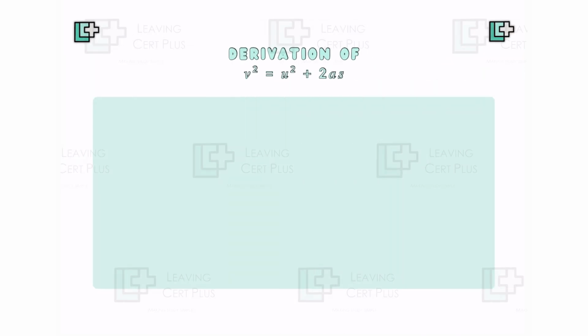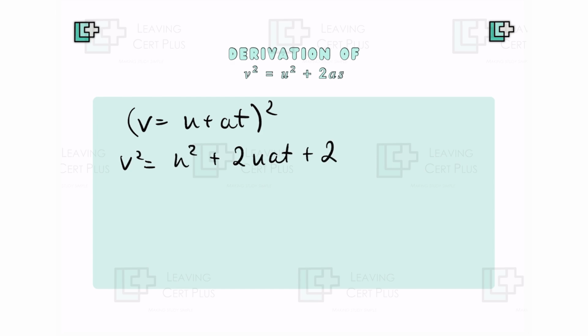And last but not least, we have our derivation of the relationship between final and initial velocity with distance. Our starting point is to say that v equals u plus at. I'm going to square both sides and end up with v squared equals u squared plus 2uat plus a squared t squared. Then I'm going to look at the final two terms and take 2a out as my common factor.